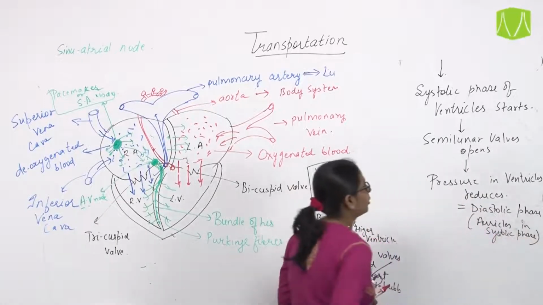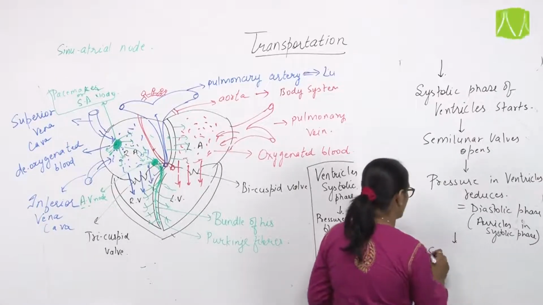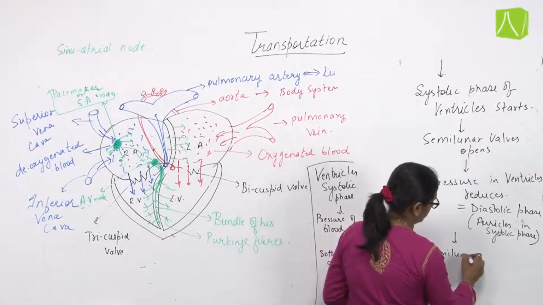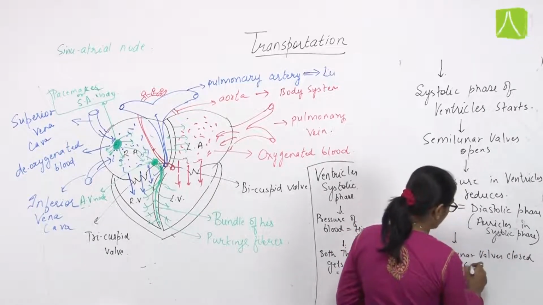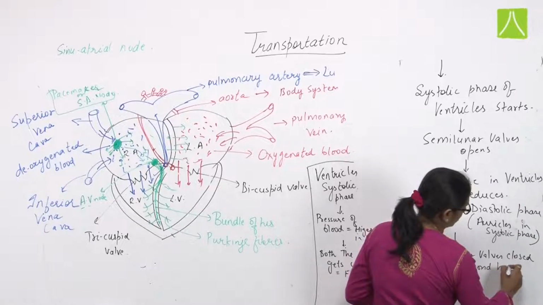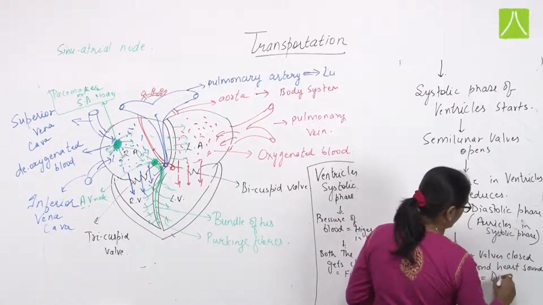And when the pressure reduces, the semilunar valves close, and the second heart sound is produced, known as dub.